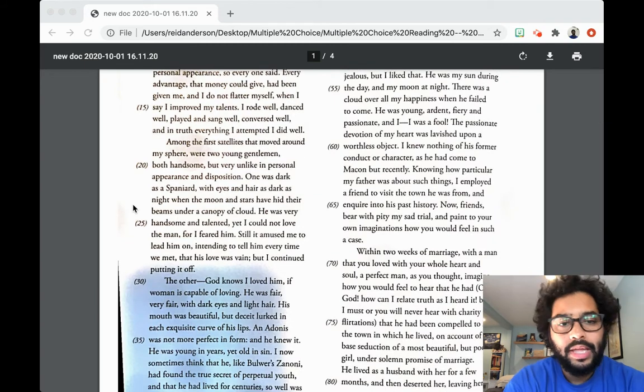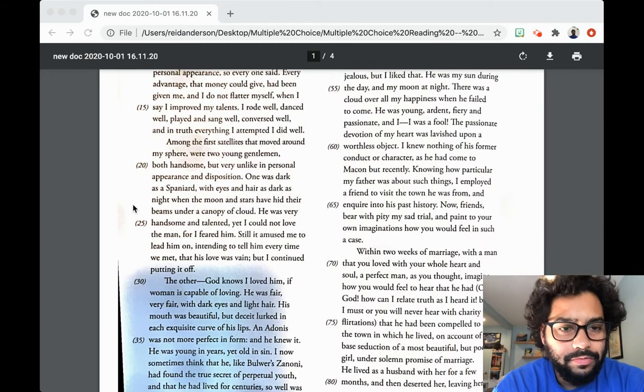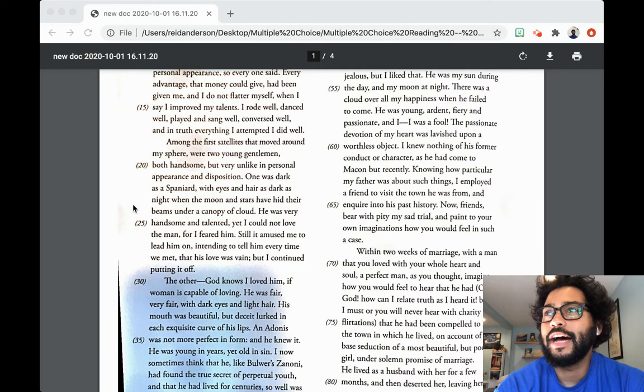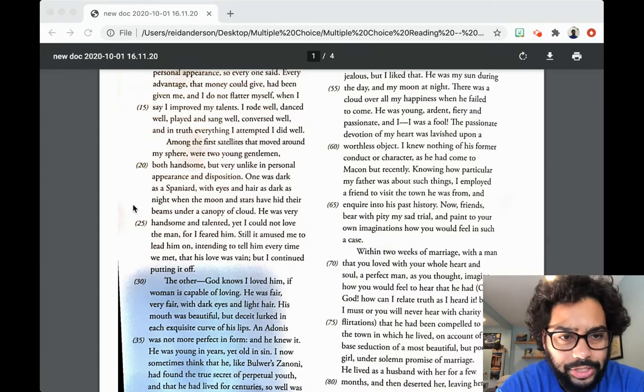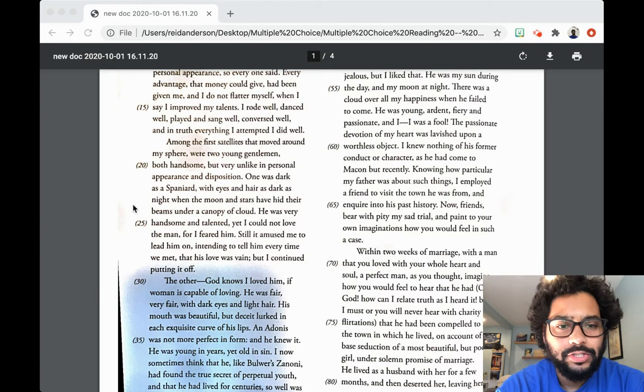Among the first satellites that moved around my sphere were two young gentlemen, both handsome but very unlike in personal appearance and disposition.